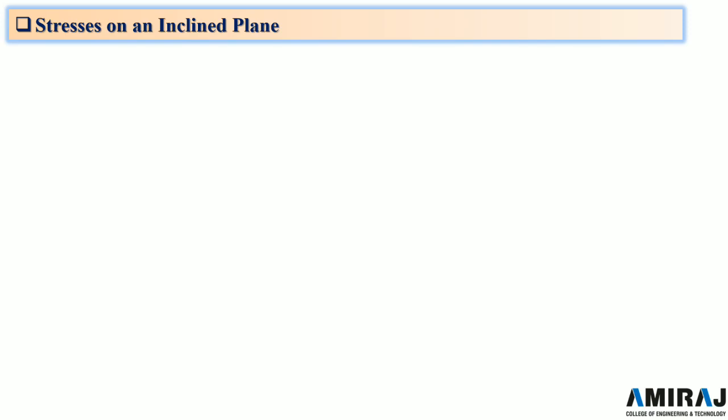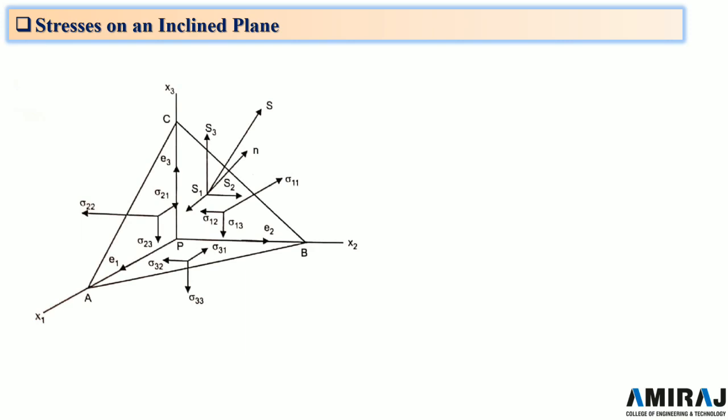Here you can see in the figure the 3 axes x1, x2 and x3, and a plane ABC which intersects the axes at points A, B, C respectively.